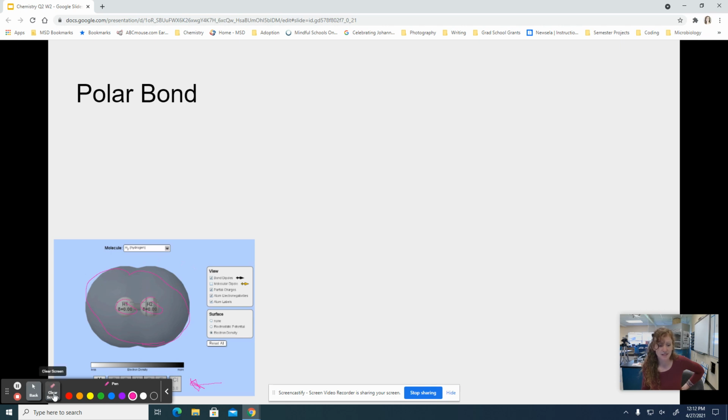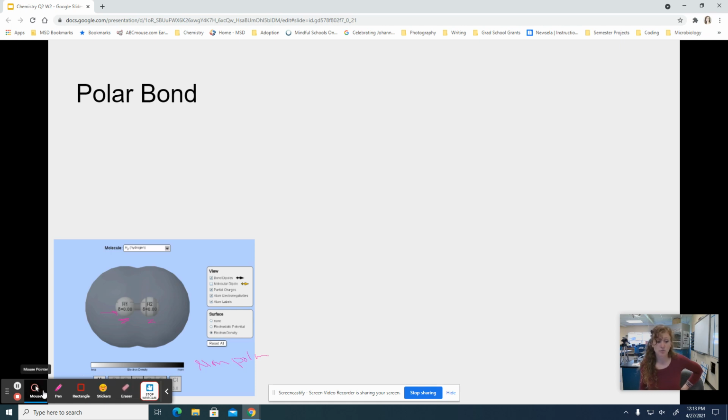You can see that the electrons spend their time equally between the two hydrogens. The cloud is identical on both sides. Notice there's no partial charge. Partial charges are noted here. And this is going to be non-polar.